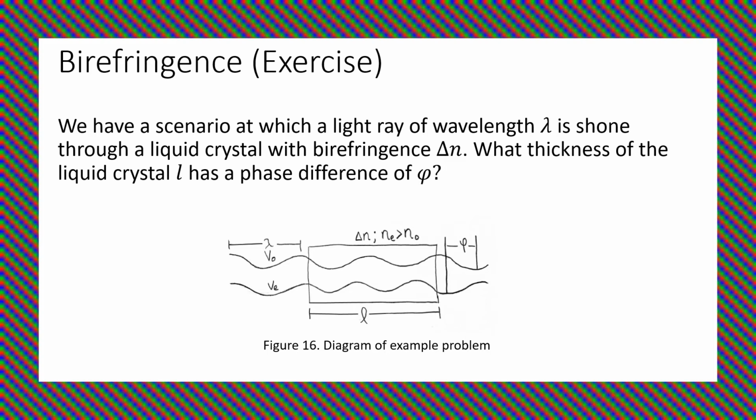The scenario here is we shine unpolarized light; the ordinary wave will pass through the medium slowed down, but not too much, and the extraordinary wave, with nE, has a higher refractive index and will pass through the material slower.